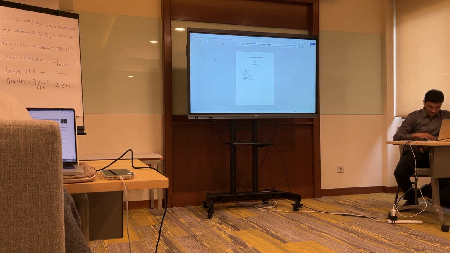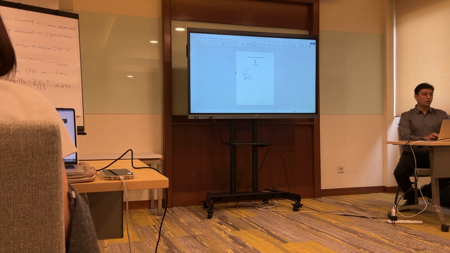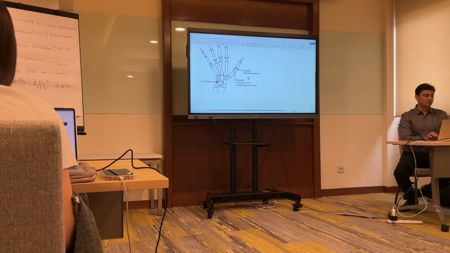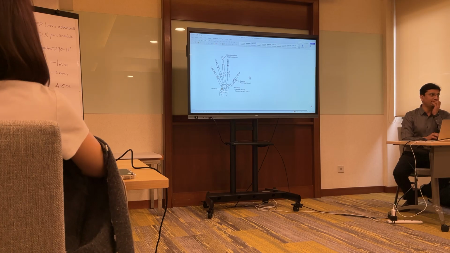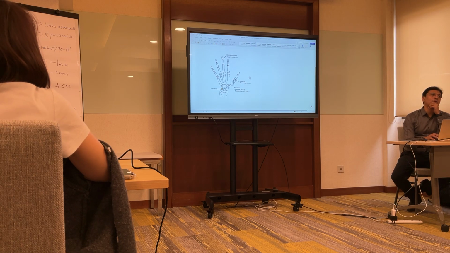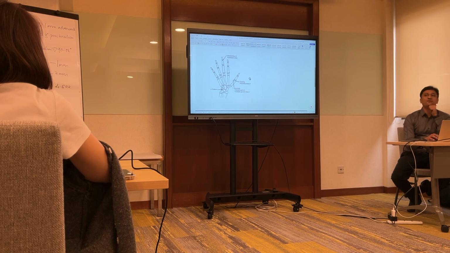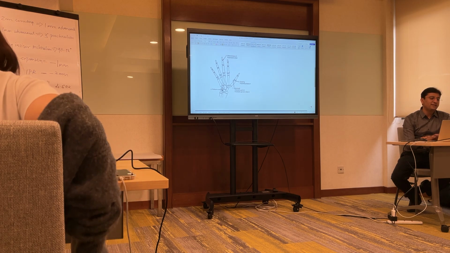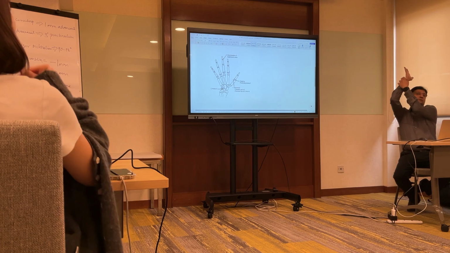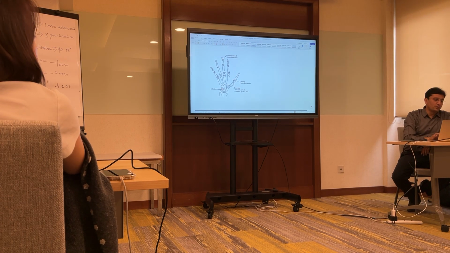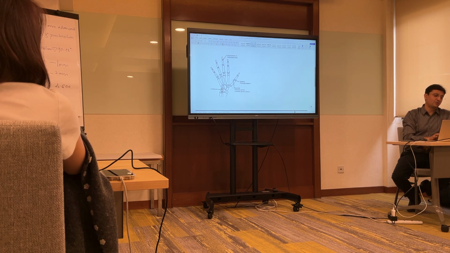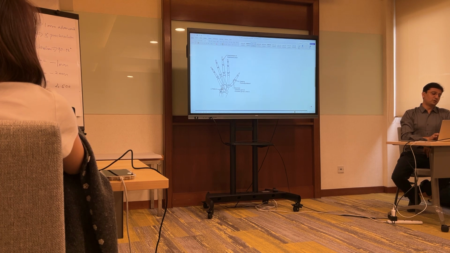Guys, look up. I'll give you a break after this. On the hand wrist X-ray, you have the following markers. The first one is called the pisiform. Pisiform is a small bone present below the pinky finger. You will see a small bone here, and it actually overlaps one of the other bones.